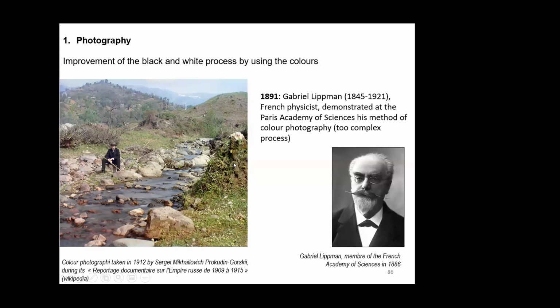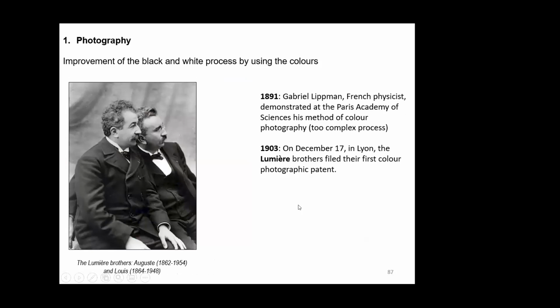Some pictures are very nice, but necessitate a long time to be acquired. Therefore, the water is very fuzzy because of the movement of the water. But colors are very good.